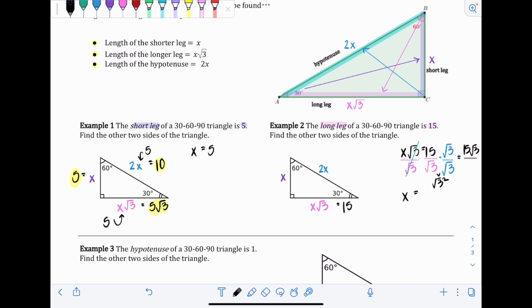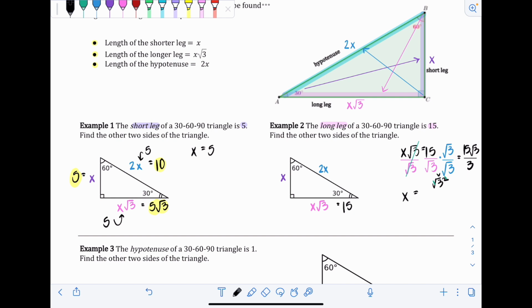If you have something that's squared in a square root, those just cancel each other out. They're like inverses of each other. So root 3 times root 3, anything times itself becomes squared. So it becomes the square root of 3 squared, and then the radical and the exponent cancel each other out. So you would just be left with the regular 3. No more radical because the radical has been canceled out because we multiplied in another one.